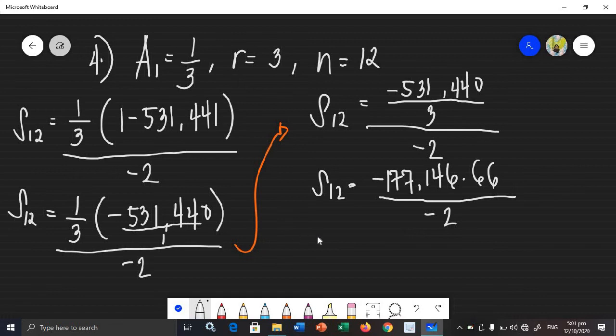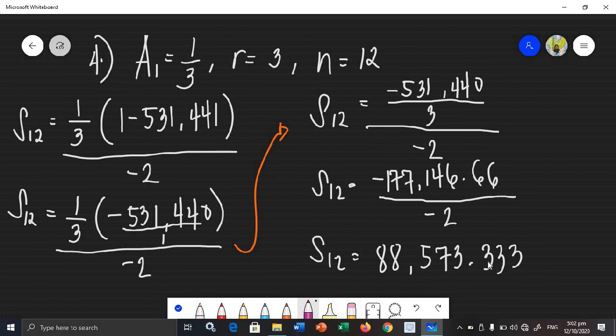So, S sub 12 is equal to, negative divided by negative, magiging positive na yung sagot, di ba? So, 88,573.33. So, it is also a repeating decimal, 3333. And if that's the case, kailangan po nating i-round off to the nearest hundredths.